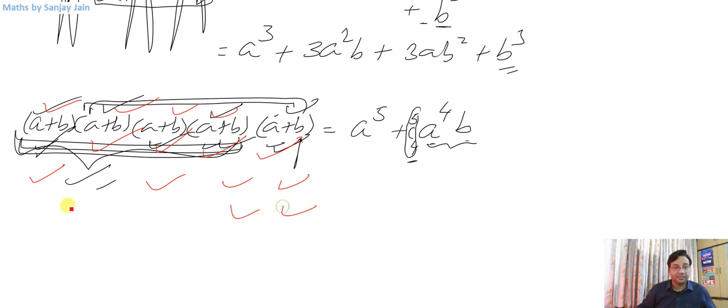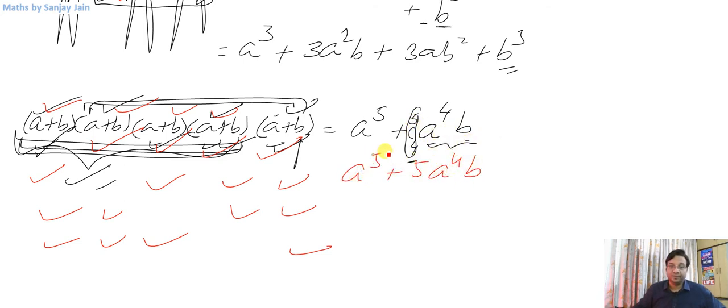Then this is another way. And then this is another way. So 5 ways you can select 4 brackets. So you will get a raised to power 4, and then from the 5th you will get b. So it is 5 a raised to power 4 b. Or in terms of this coefficient or this combination symbol 5c4, you can say it like that.